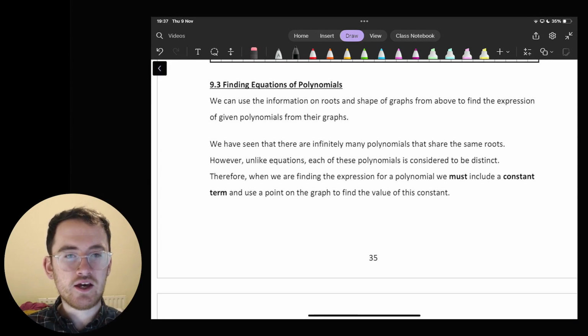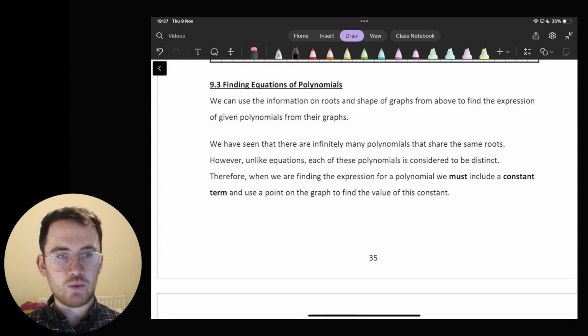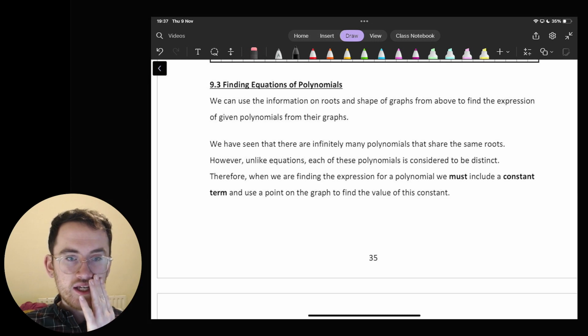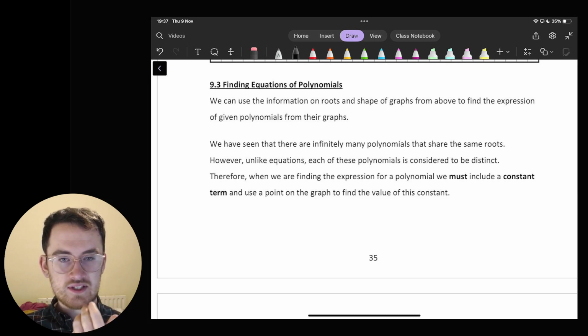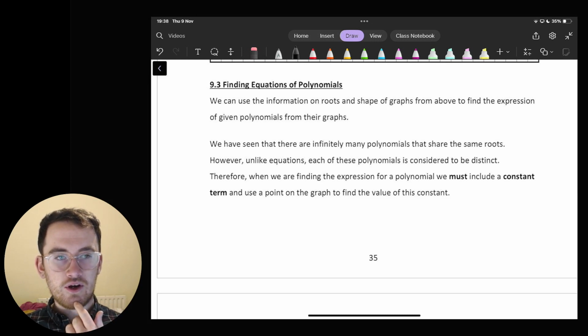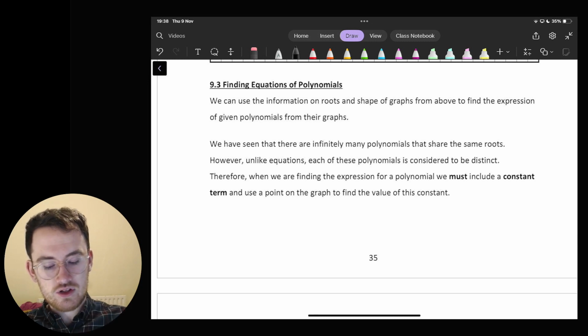So as we've seen now, we can use the shape, we can use the roots, we can use all of that to help us find an expression for a polynomial from the graph, and also to graph it if we're given the expression. But we've also said that there are infinitely many polynomials that share the same roots.